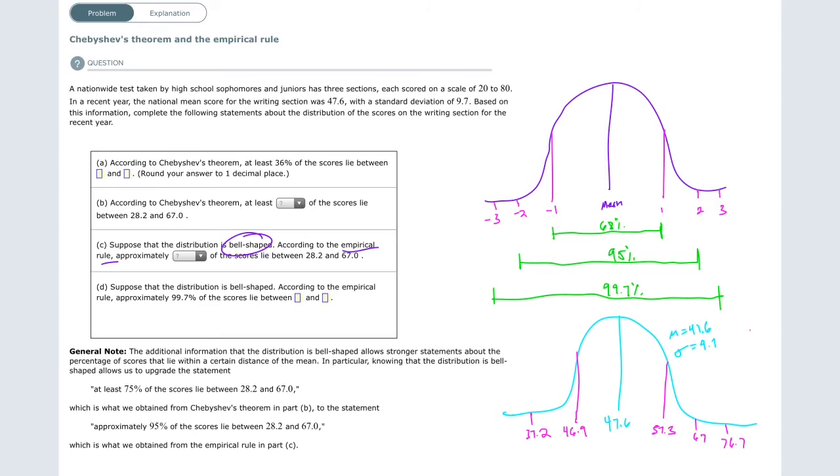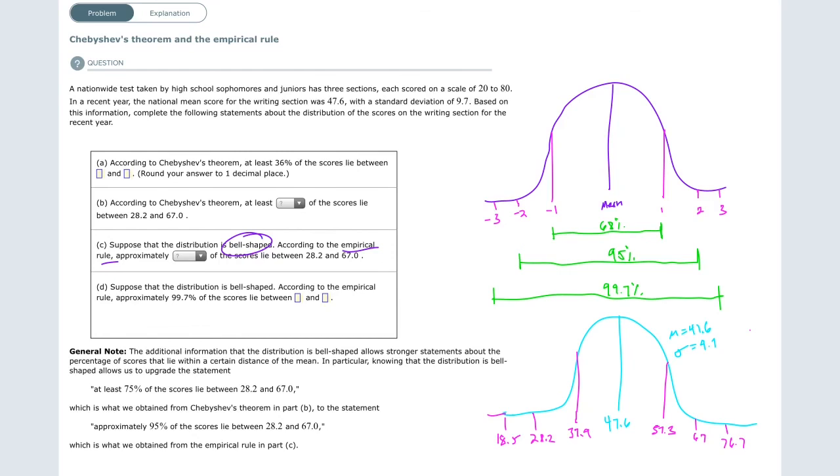I did not subtract that right at first, I did 0.97. Dang it. 47.6 minus 9.7 is 37.9. Minus 9.7 is 28.2. Minus 9.7 is 18.5. Okay, so again, this works the same way.